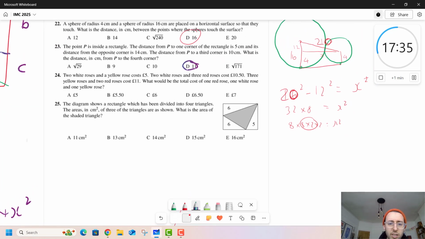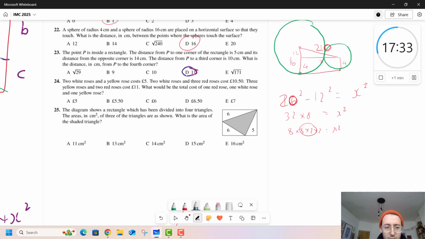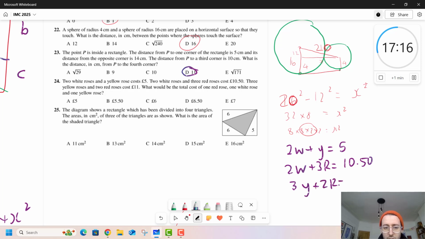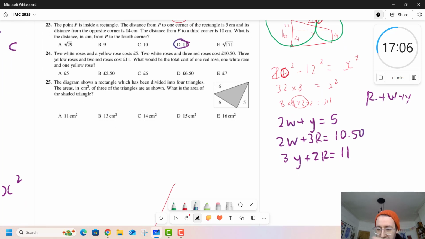Ooh, okay, it's another simultaneous equation. So 2 white and yellow equals 5. 2 white and 3 red equals 10.50. 3 yellow plus 2 red equals 11. What's R plus W plus yellow? If I add them all up, isn't this just simultaneous equations?